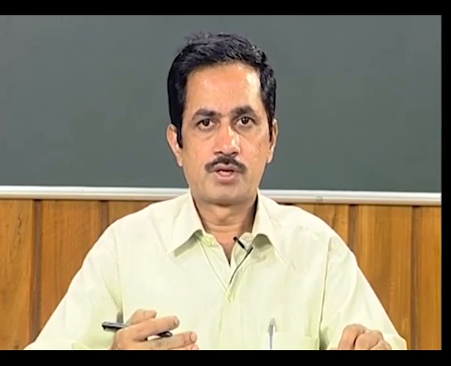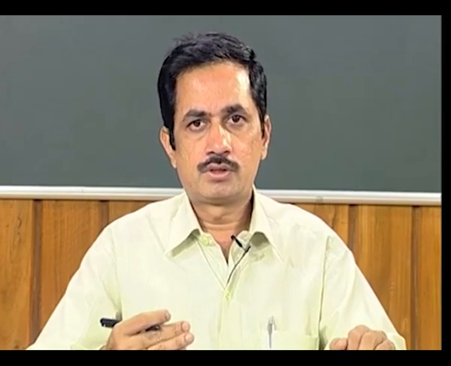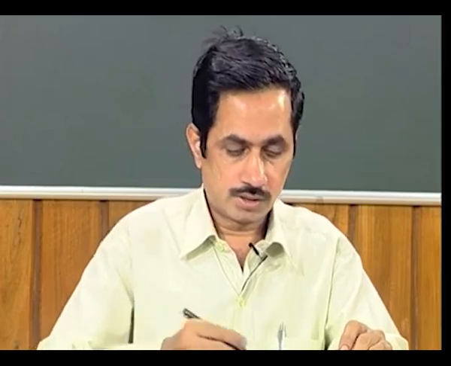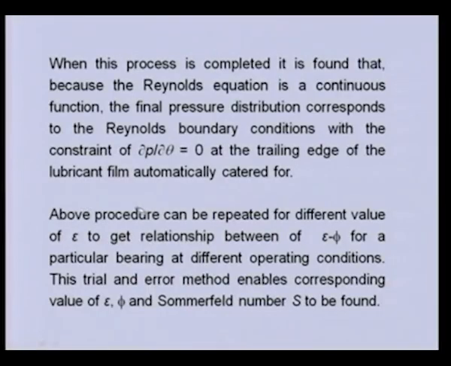If that is the case, then we have reached the solution point, and from there we can get the position of the eccentricity and the attitude angle. So for that, let us see. We need to follow this procedure for various values of epsilon.